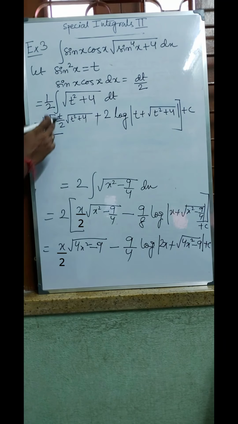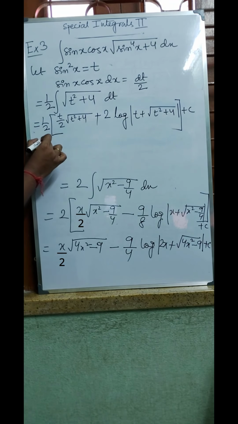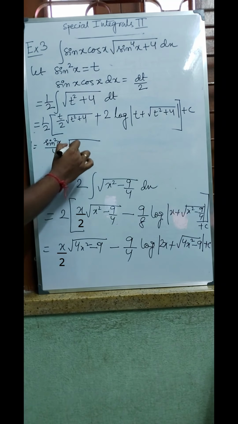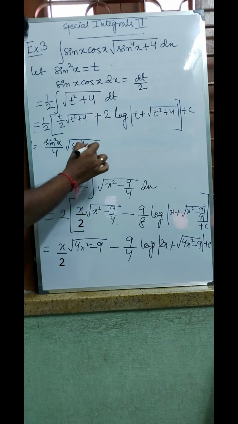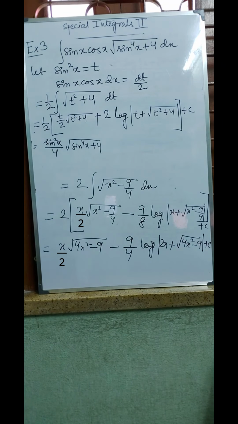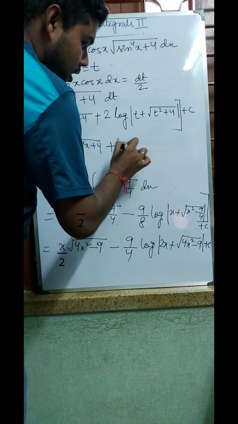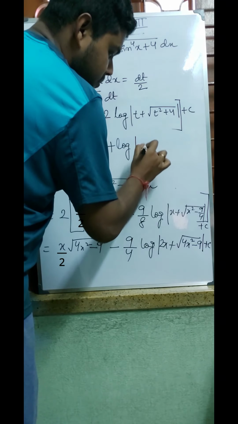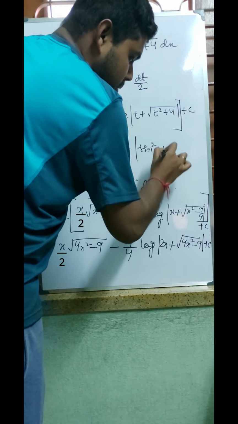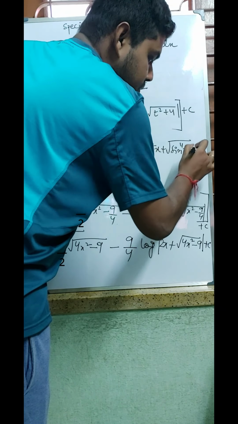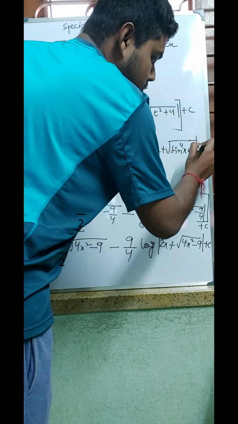Now let us take this 2 also inside, so this becomes t by 4, so this will become sine square x by 4 into sine to the power 4x plus 4 plus half and 2 gets cancelled, log of mod of sine square x plus under root sine to the power 4x plus 4 plus c.